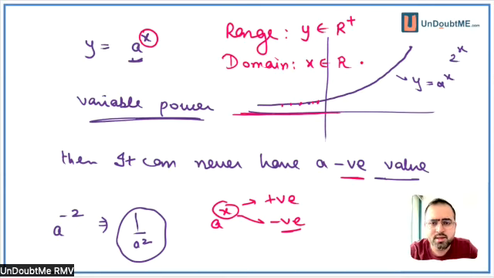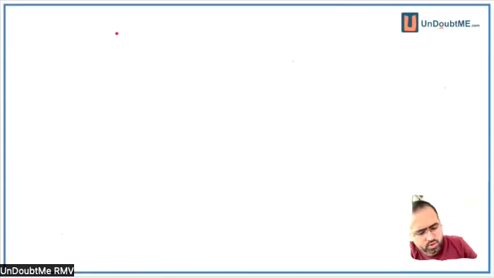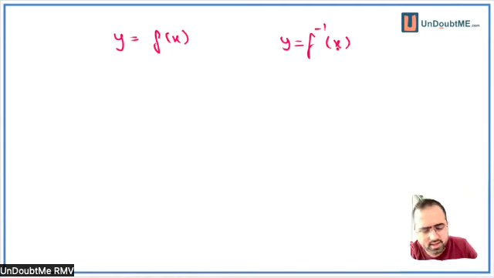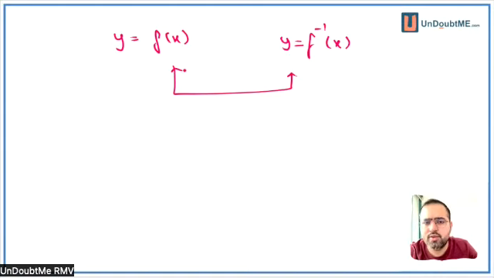Now, as I was saying in the beginning, that exponential function and log are inverse of each other. So all of you should know this thing, that when we say y is equal to x and y is equal to f(x) and y is equal to f inverse of x, their domain and range are switched always.